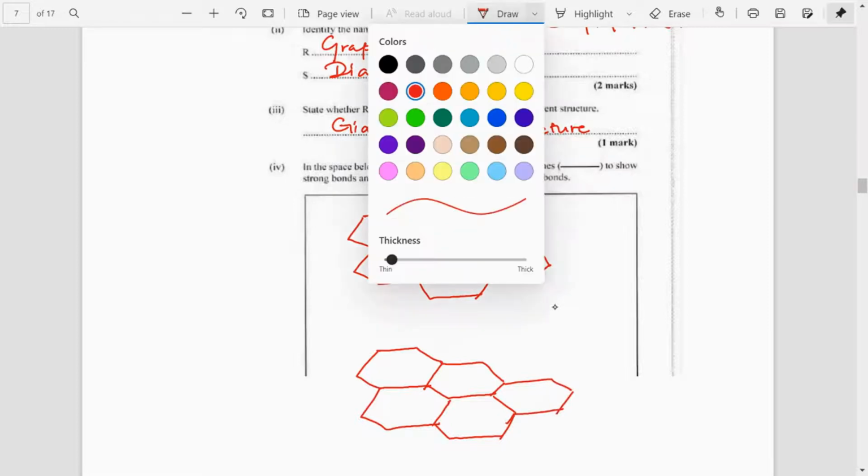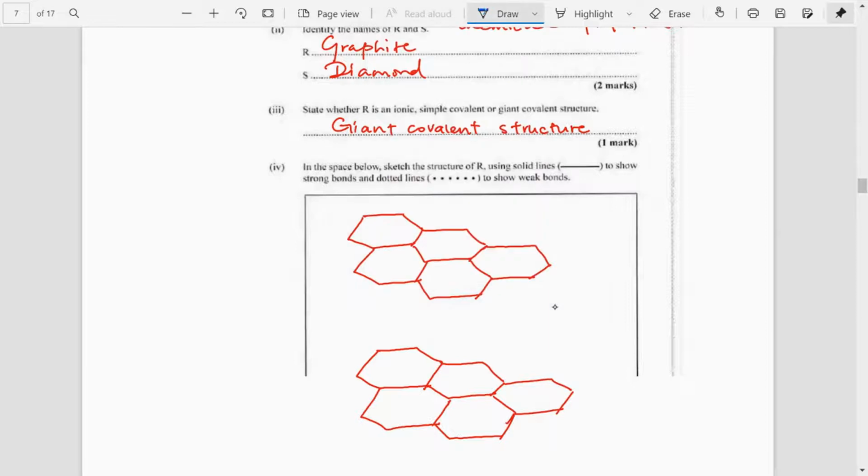Essentially, each carbon atom in the graphite is bonded to 3 others. Let's put those in. They're bonding covalently to 3 others.